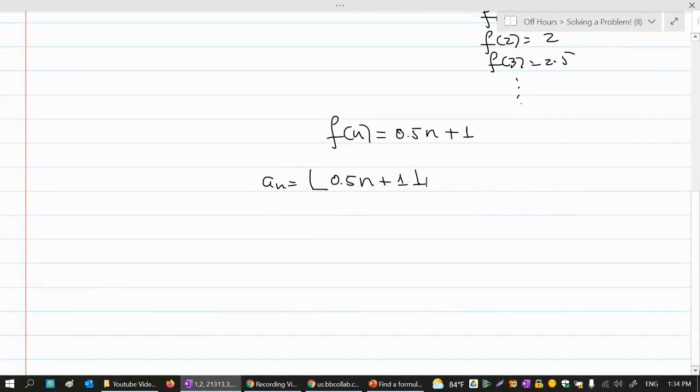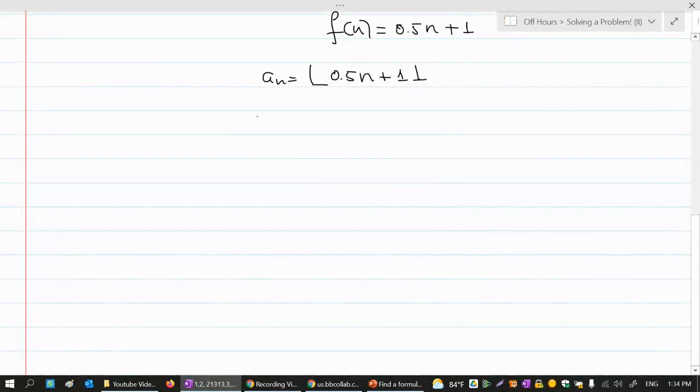Notice that, in this case, f of 0 and f of 1 are both greater than or equal to 1 and less than 2.